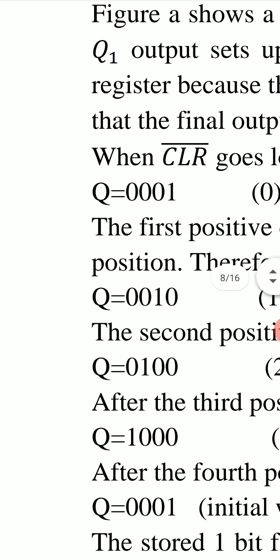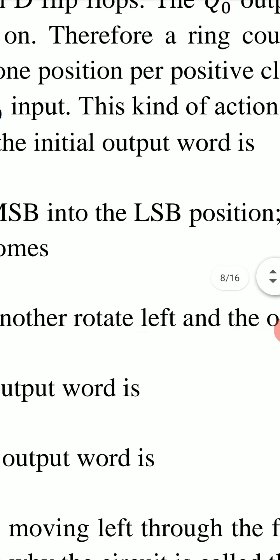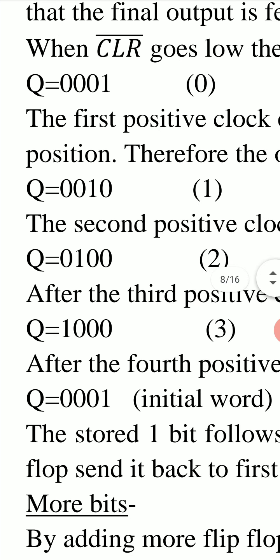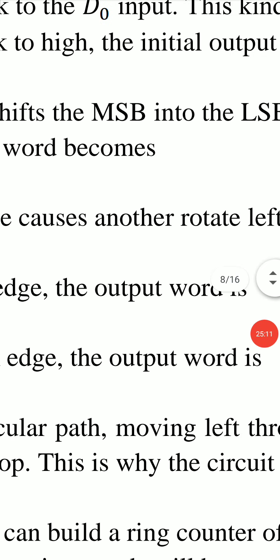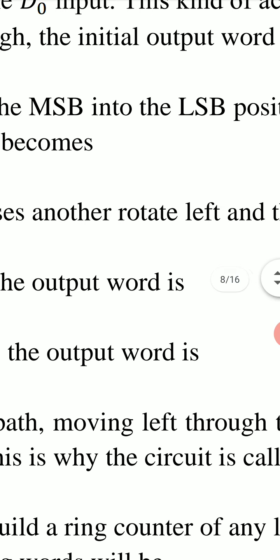When CLR bar goes low, then back to high, the initial output word is Q equal to 0, 0, 0, 1. The first positive clock edge shifts the MSB into the LSB position.